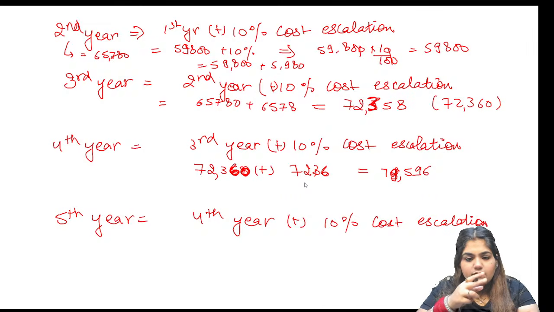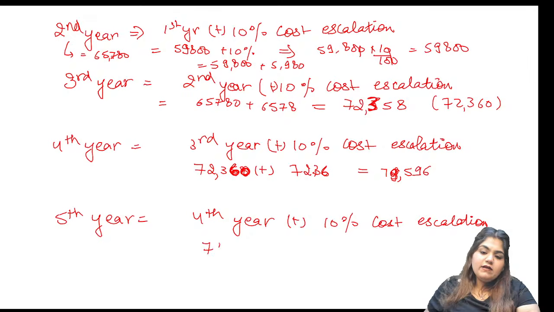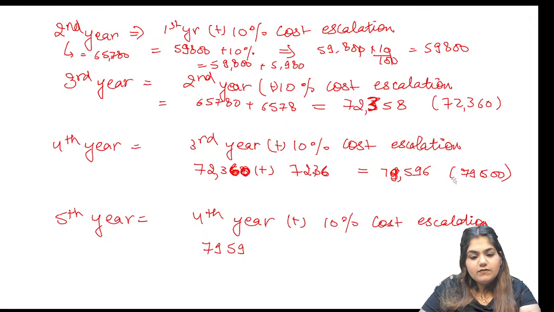79,596. अब ये 79,596 को हम लोग कंसिडर करेंगे 79,600 कह सकते हैं, राइट?